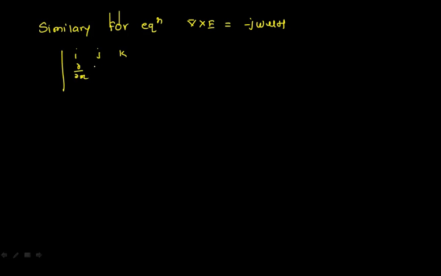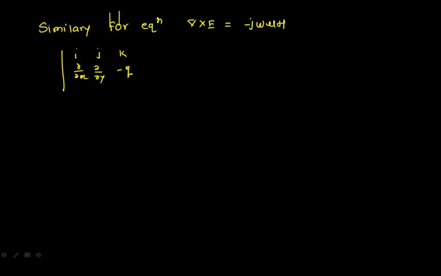Now similarly, for equation 2, what we are having, del cross E is equal to minus jωμH. So if you expand it further, similarly as we have seen, so it will be i, j, k, d by dx, d by dy.